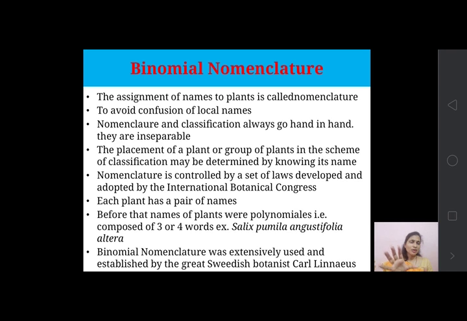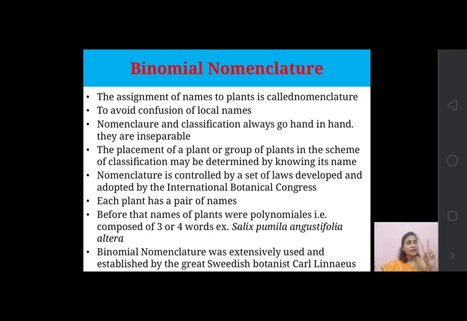Each plant has a pair of names. Binomial means giving two names to a particular plant, that means a pair of names. Before the binomial nomenclature system came in, there was a polynomial nomenclature system. What does that mean? Polynomial means it is composed of 3 or 4 words.